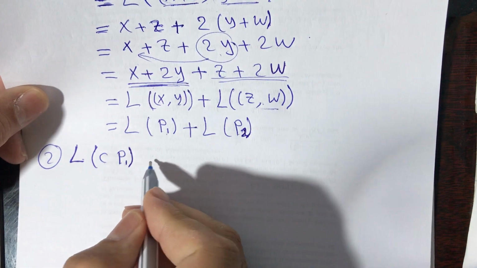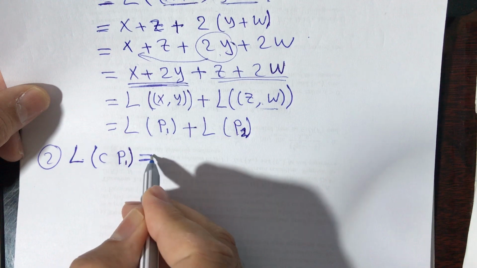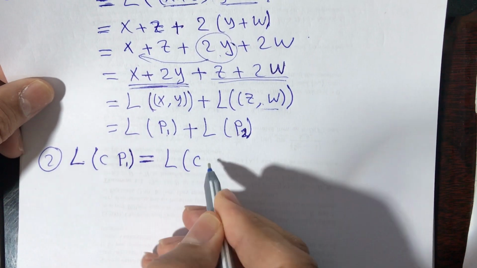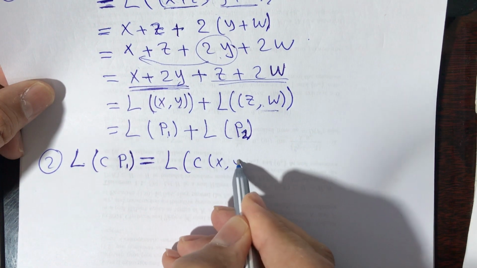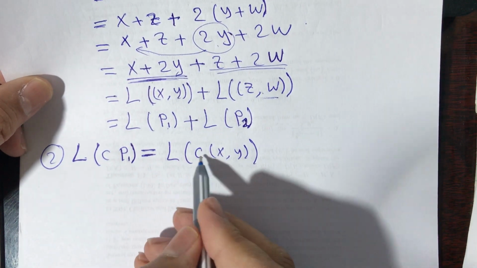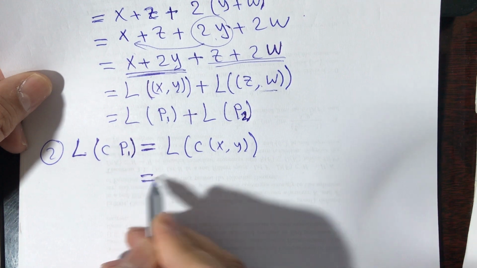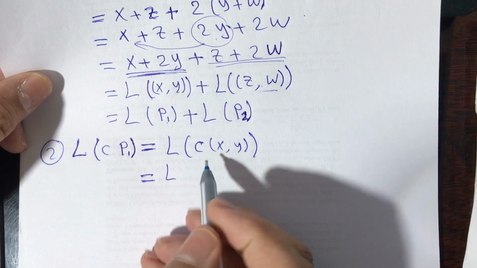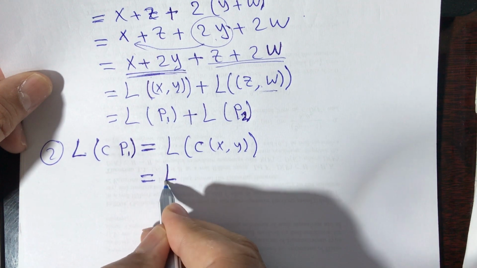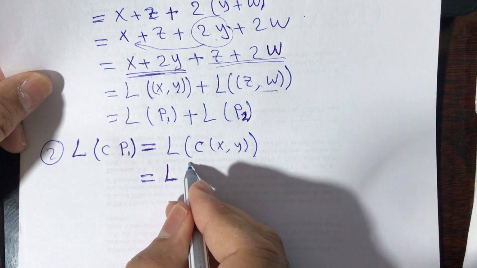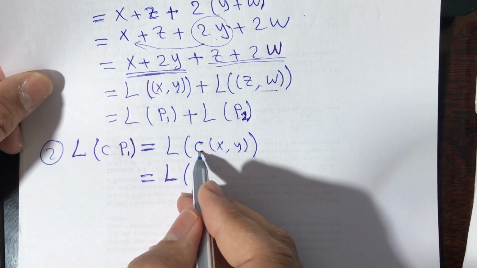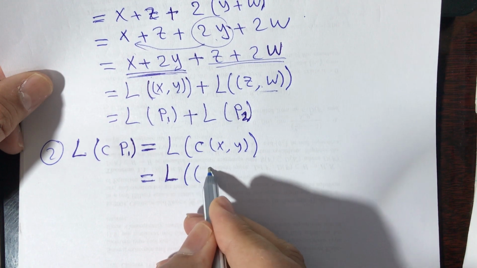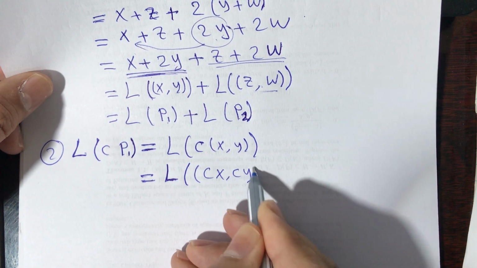This is equal to L of C times P1, where P1 is equal to x, y. From the definition, move here C, scalar multiplication, move to Cx and Cy.